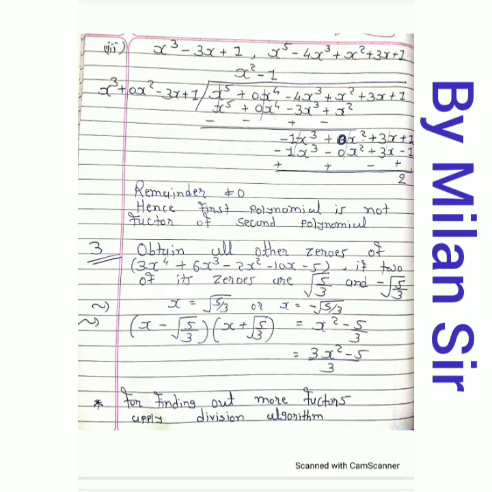Then question number 3. Here first polynomial is x cube minus 3x plus 1, and second polynomial x raised to 5 minus 4x cube plus x square plus 3x plus 1. Now our first step is to arrange as per the exponent of variable.